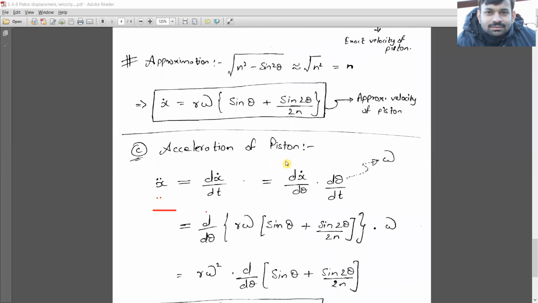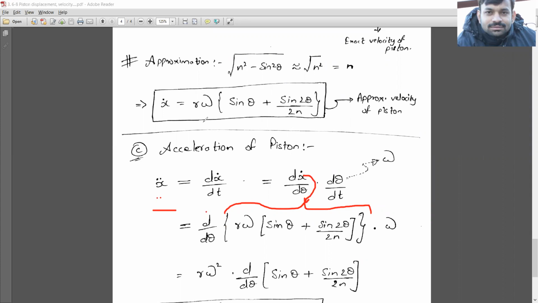Again, as we did in the case of velocity, we'll differentiate this velocity with respect to theta multiplied by omega. All right. So we have substituted the value of x dot, and what is x dot?